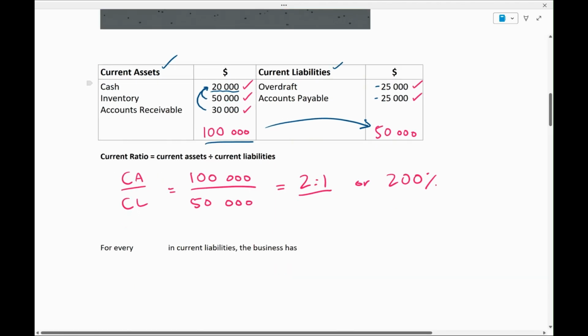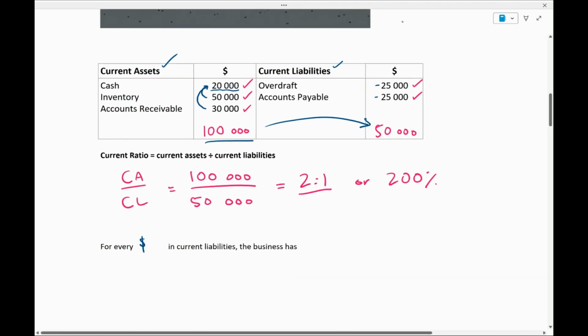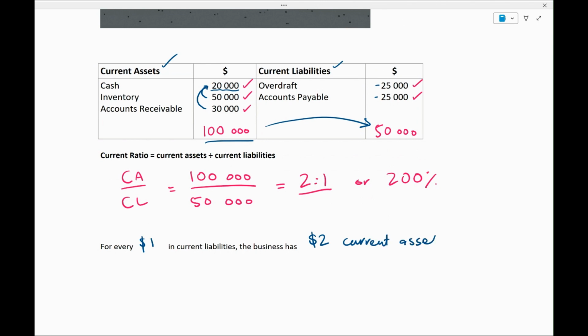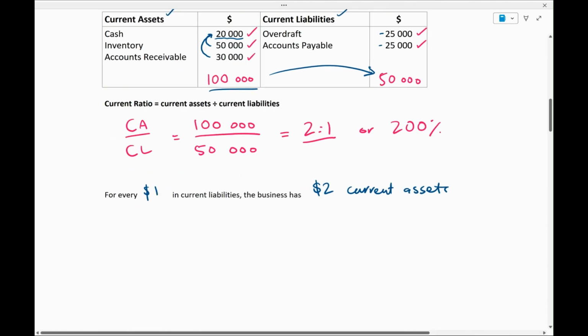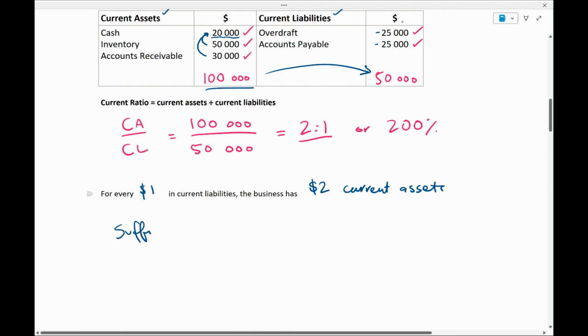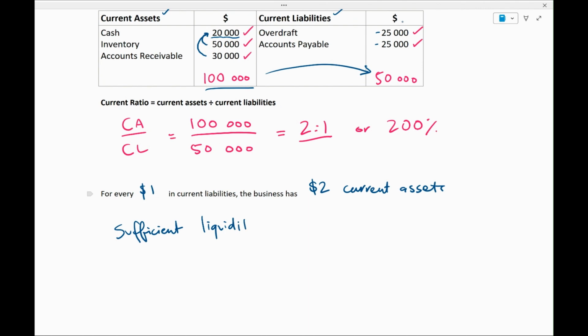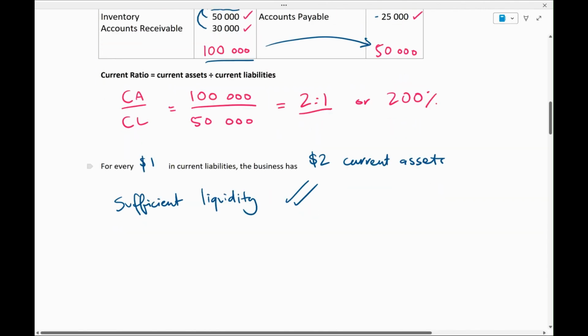So this means that for every $1 in current liabilities, the business has $2 in current assets. So our judgment would be that this business has sufficient liquidity. They will be able to repay their short-term debts in a comfortable position.